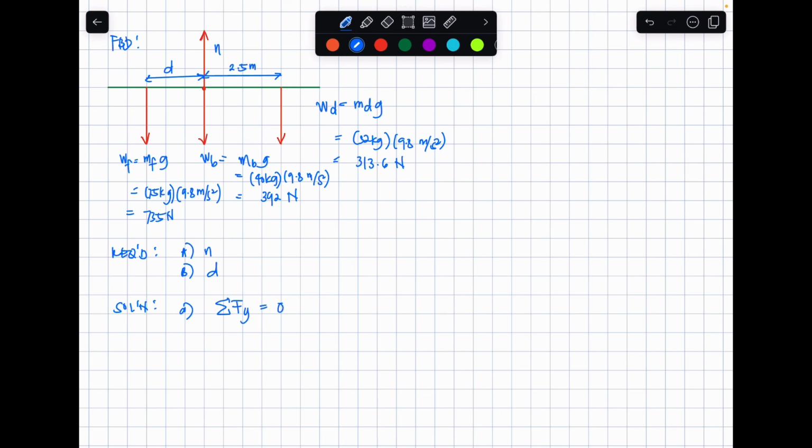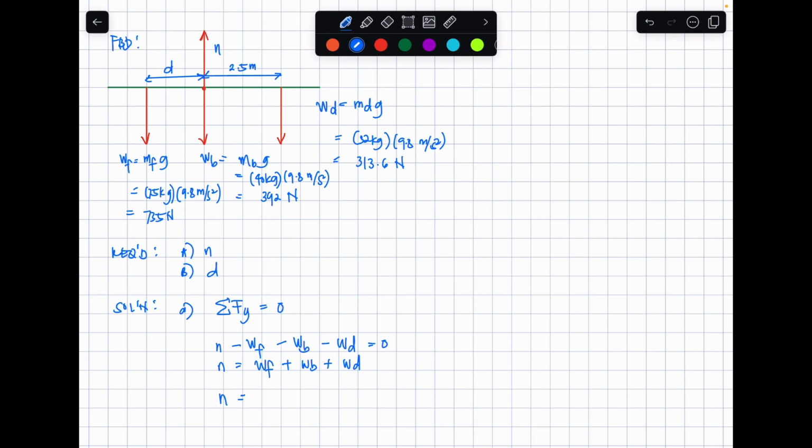Anything upward is considered positive, in this case that is N, and anything downward will be treated as negative. Therefore, that would be minus weight of the father, minus weight of the board, and minus weight of the daughter equals 0. Therefore, the normal force is just the weight of the father plus the weight of the board plus the weight of the daughter.